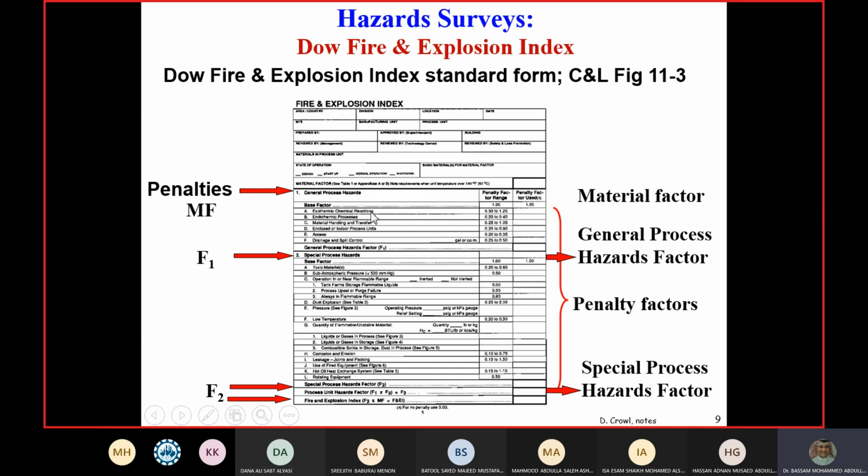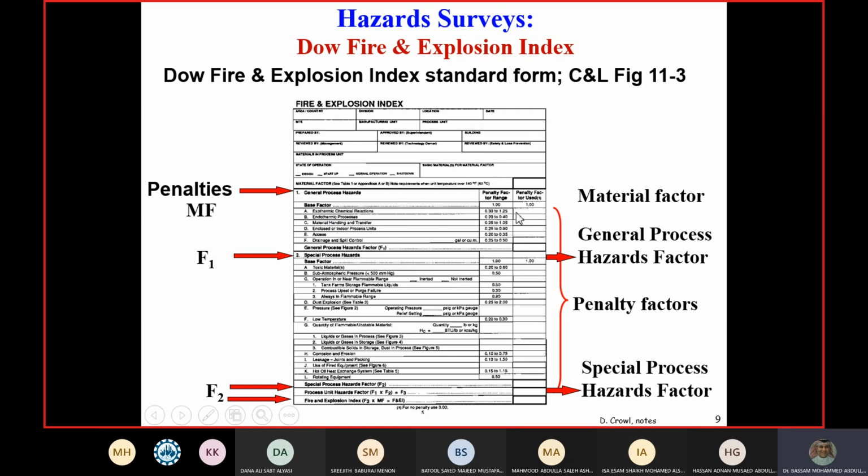If you go to the ammonia plant, there you have an exothermic chemical reaction. If it is very highly exothermic, put a number here, from 0.3 to 1.25. So you may put a 1 here. Material handling, endothermic process: do you have any endothermic process?